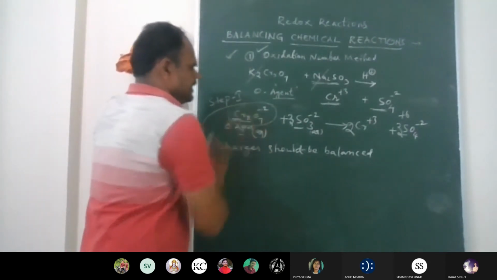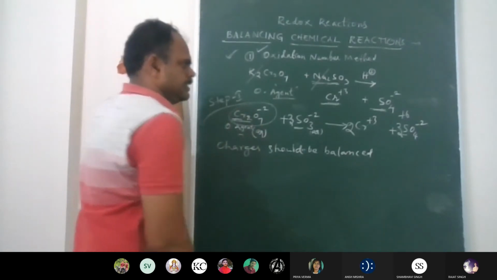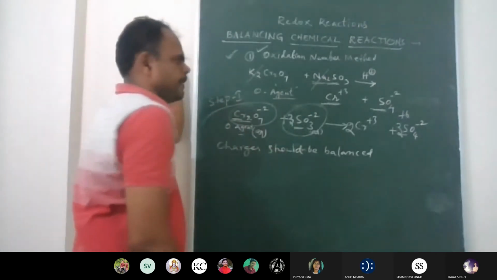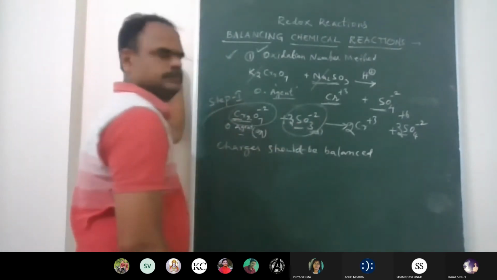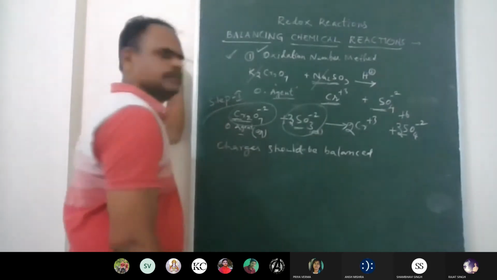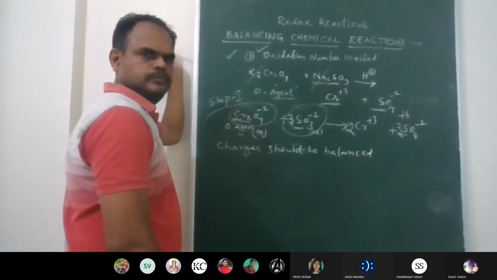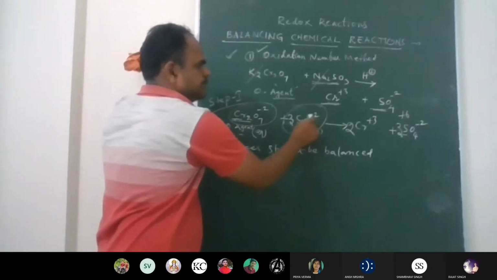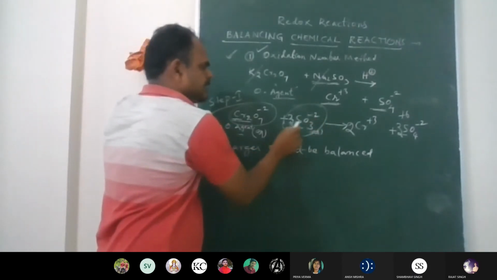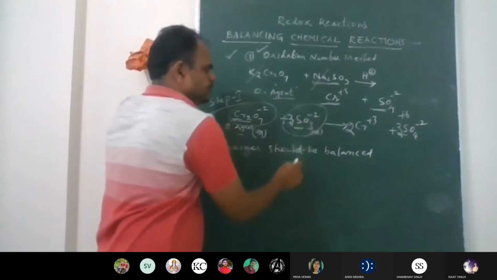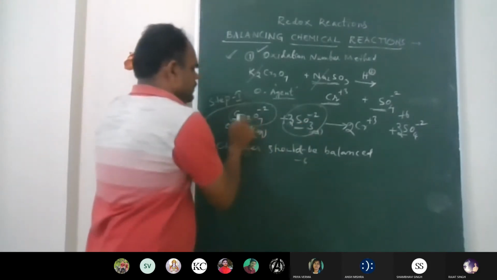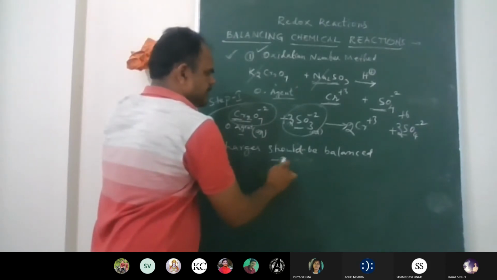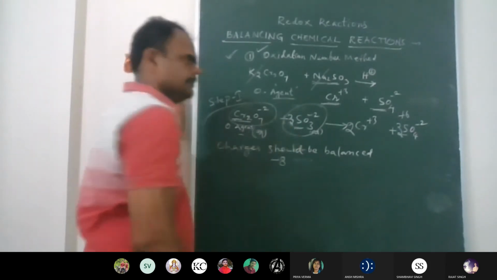On this ion, how much charge is there? -2 is there. And the sulfate ion having how much charge? 3 into -2, -6, and this is -2. So -8. On the left side, -8 charge is there on both ions.